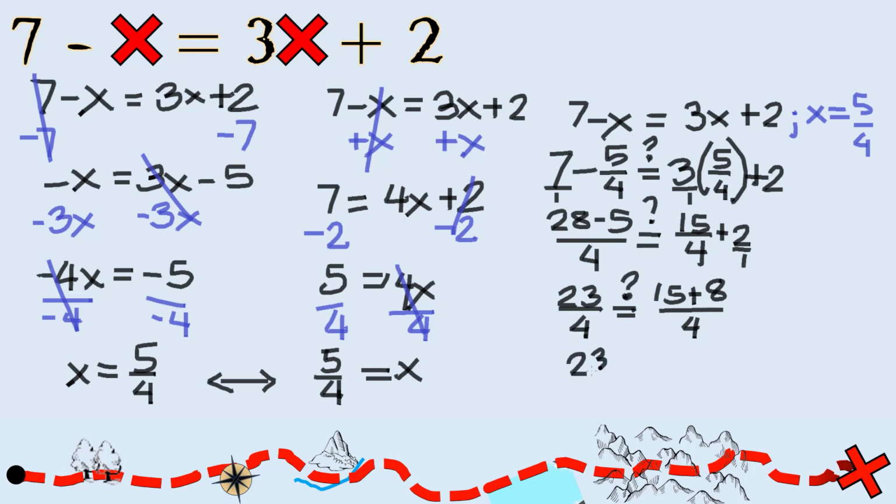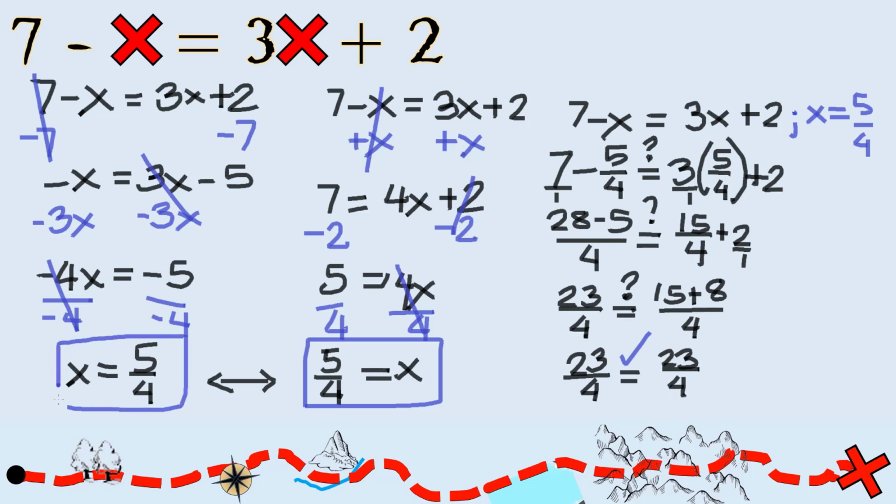Your left-hand side is 23/4. The right-hand side for the numerator, 15 plus 8, that's 23. And then your denominator is also 4. Once you reach that, check mark, it means you have satisfied the equation, and the value for the unknown, either in this form or this form, being 5/4, is the correct result.